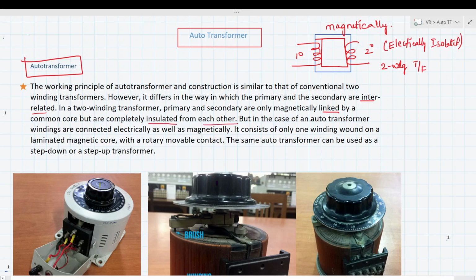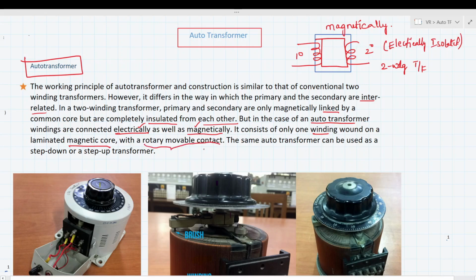But in case of an auto transformer which we are discussing now, the windings, that is primary and secondary, are connected electrically as well as magnetically. It consists of only one winding wound on a laminated magnetic core, with a rotary movable contact on it.